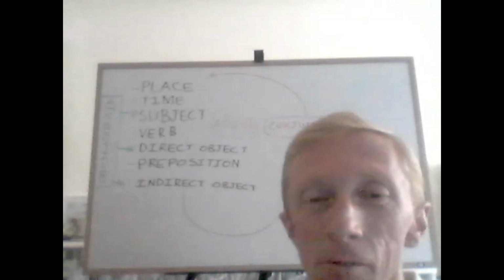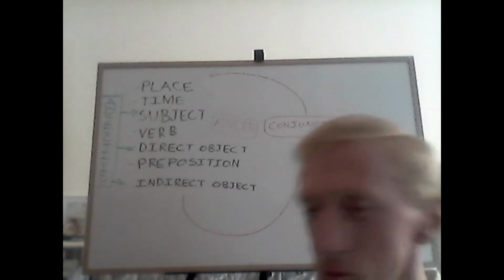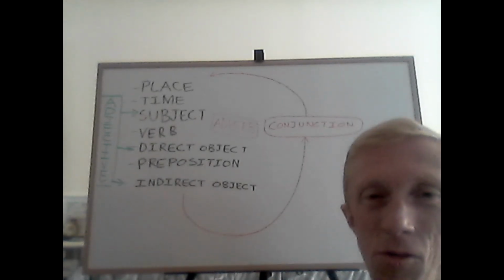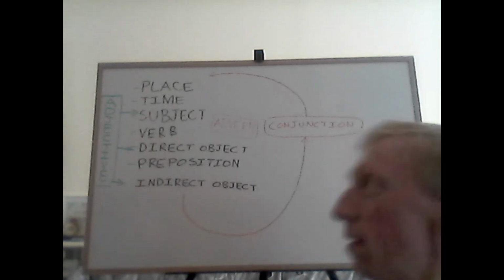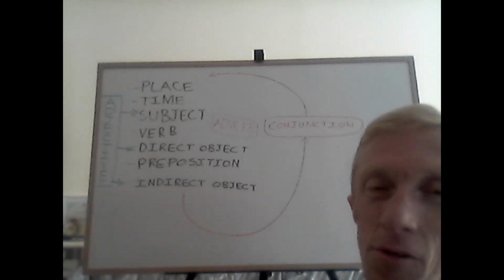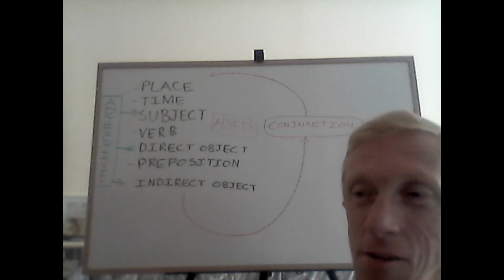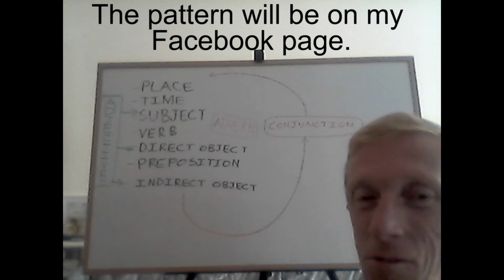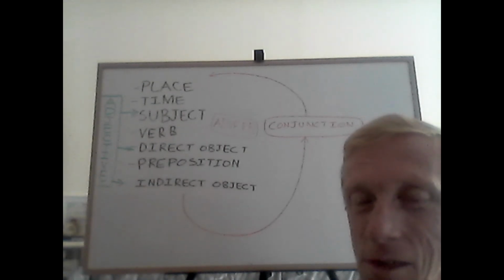I don't think we need to go through each of those books again, but I do want to make sure that we understand how the pattern works. Place and time first, and place in front of time, comma, because they are separate from the rest of the idea. They are only setting the scene, if you like, for the idea.